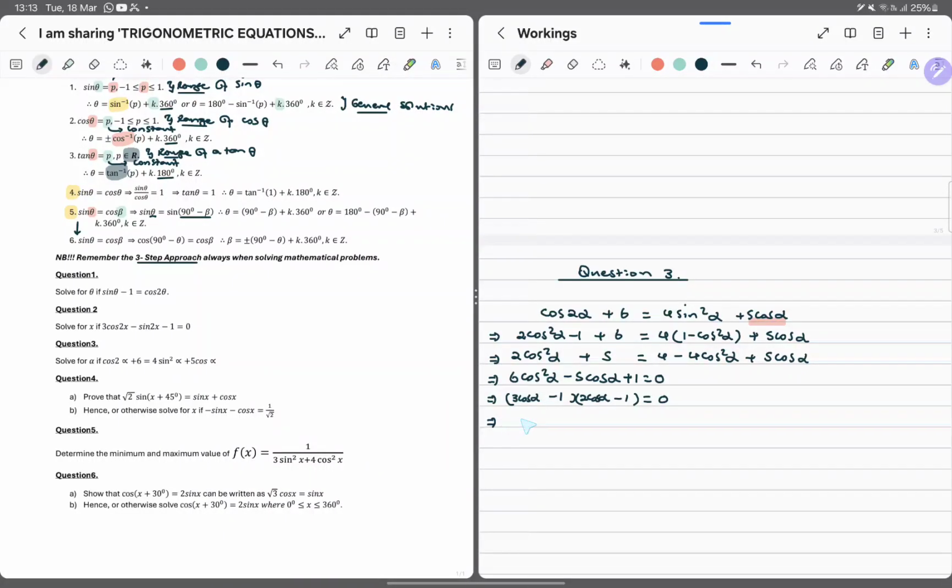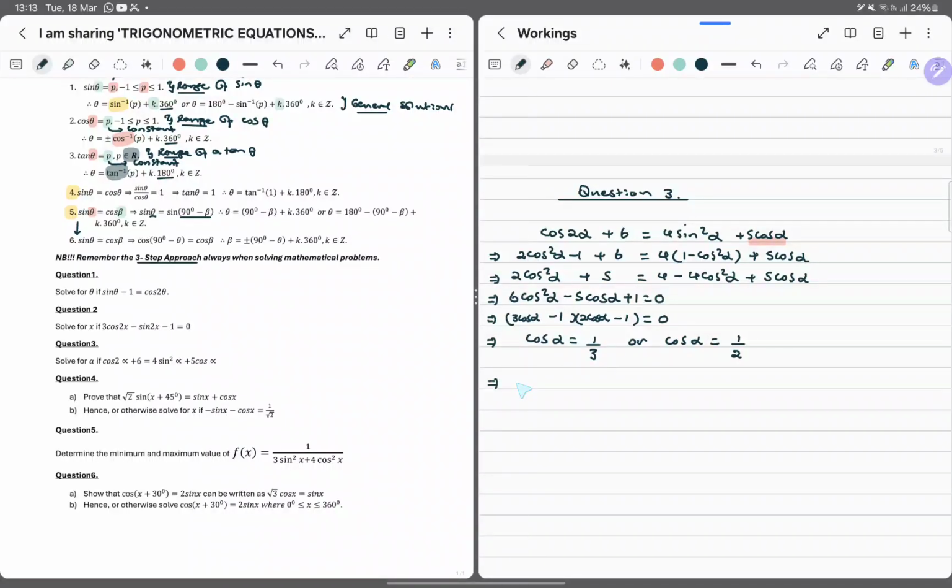So this implies that cos alpha is a third. A third is a proper fraction within the range for cos. So this is good. We accept this. Or cos alpha is equal to a half. Again, a half is a proper fraction within the range. So this is all acceptable.